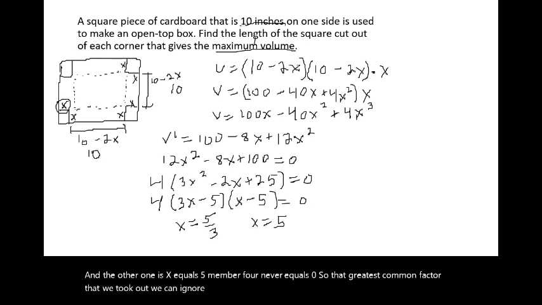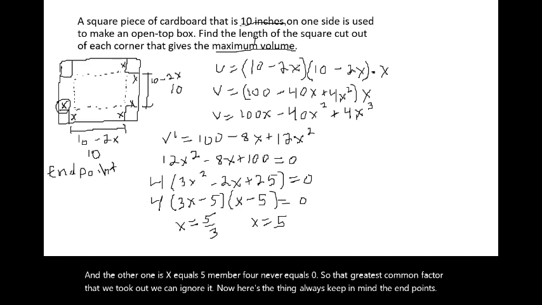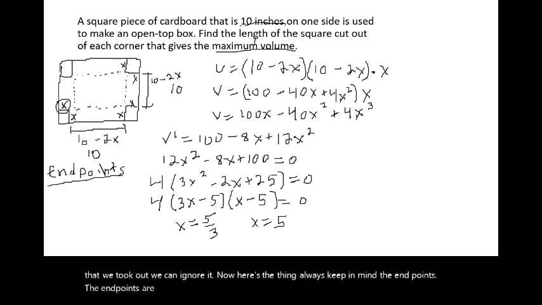Now here's the thing. Always keep in mind the endpoints. The endpoints are the extremely small and extremely large values for our variable x. Now, x is the size of the square, of the length of the square that's cut out.